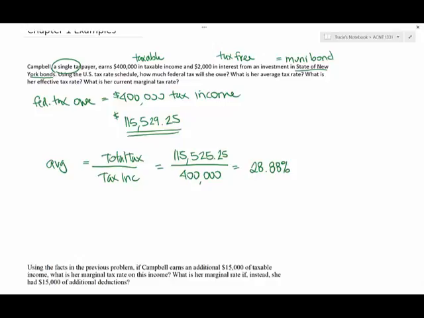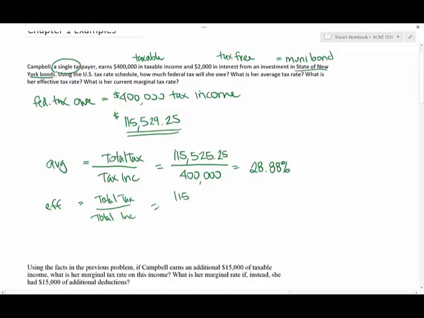Okay, so then the next thing that they want us to calculate is the effective tax. Now remember, effective tax is the tax on all income, taxable and non-taxable income. So we'll take total tax and then total income.